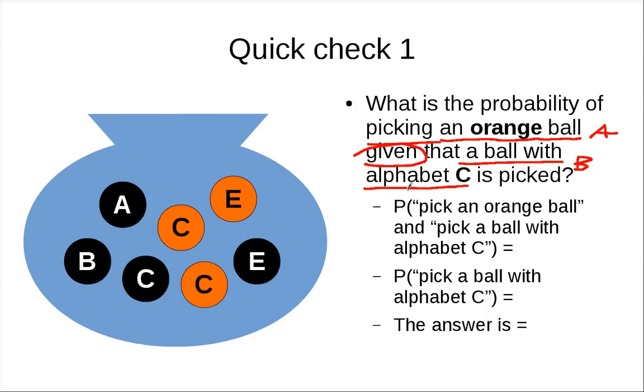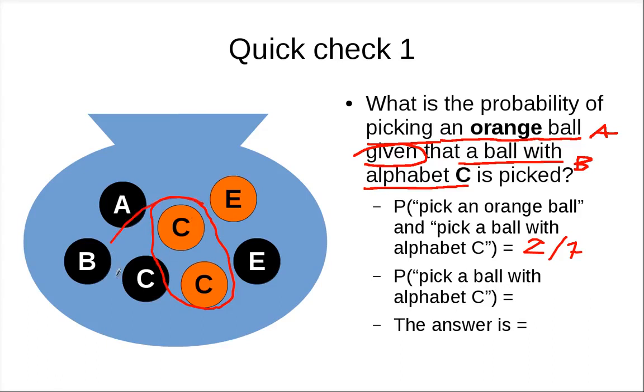If you use this formula, then we need to figure out the probability of A intersection B. So what's the probability that you pick an orange ball and a ball with alphabet C? These are the balls, right, the orange ball with alphabet C. So this is 2/7. And what's the probability of picking a ball with alphabet C?